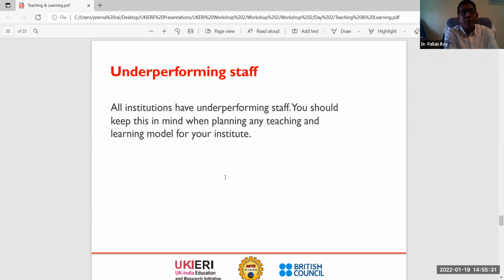And until and unless there is discipline, as we were repeatedly talking about discipline, you cannot make anyone follow the rules, right? For example, Ramakrishna Mission is known worldwide, not only in India, because of the discipline. The Indian Army is known because of the discipline.